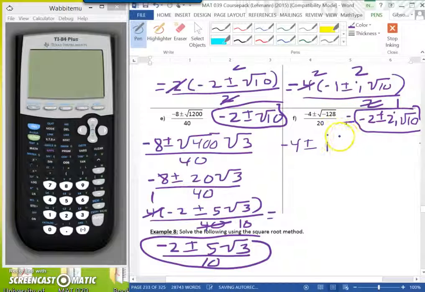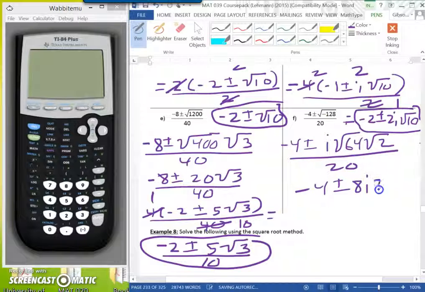I believe the highest perfect square here is 64. 64 times 2 would give us 128. That's all over 20. So this would give us negative 4 plus or minus the square root of 64, we know is 8 times i, which will give us 8i square root of 2, all over 20.